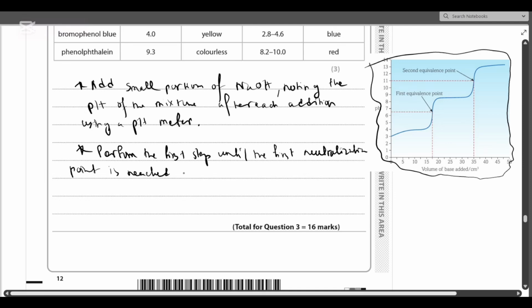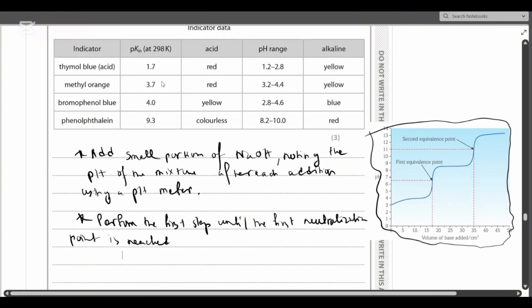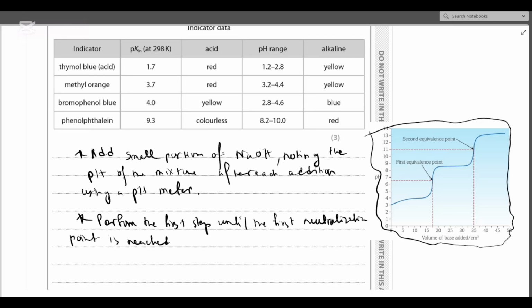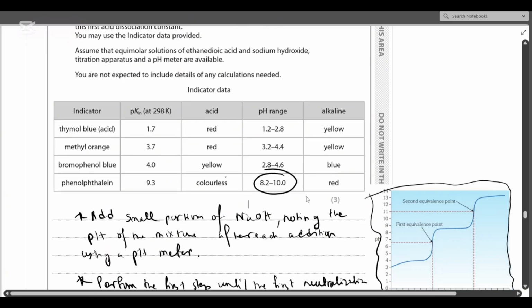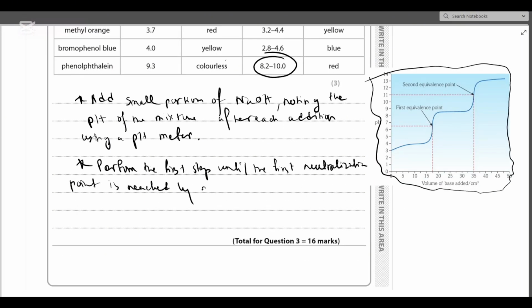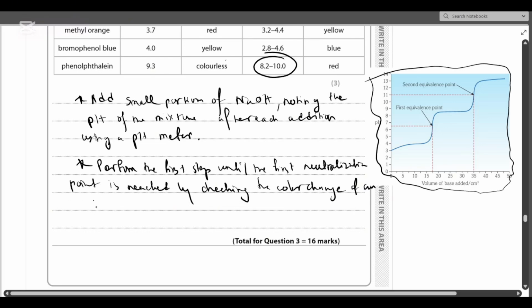By noticing a sharp rise in pH, or you can determine it using the color change of any of the indicators down here, except phenolphthalein, because the pKa value which has been provided, 1.25, does not fall within the range of phenolphthalein. So we can write down: until the first neutralization point is reached, by checking the color change of a suitable indicator to be precise.